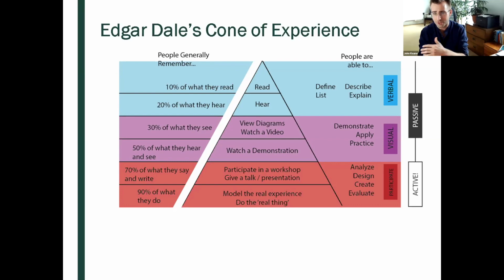And so the reason why I like this heuristic, even though it's certainly not perfect, is that it reminds me that if I find something to be really critically important, I can't just present really, really good lecture notes about it, because really good lecture notes are likely not going to get done what building some kind of active learning engagement around that same idea would. The 10%, 20%, 30, 50, 70, 90, those percentages I think are just Edgar Dale's numbers and are not particularly well tested or in any way meant to be interpreted with, like, a force majeure, if that makes sense.